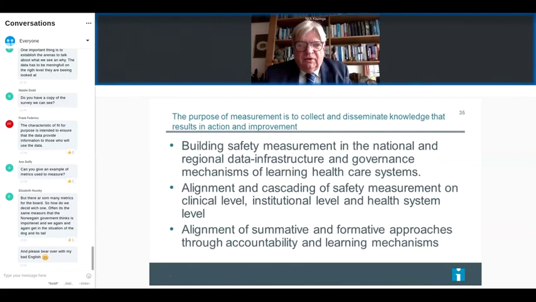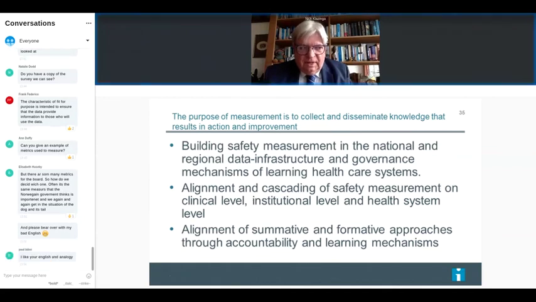That sounds very grand, but in essence, it has a lot of practical consequences. It means, for example, that there should be alignment and cascading of the safety measurement and the data that are used for that between the clinical level, the institutional level, and the health system level. That has to do with the architecture of your data systems.